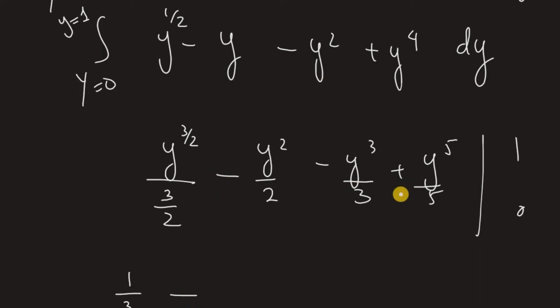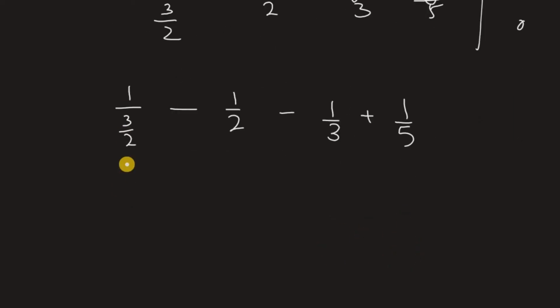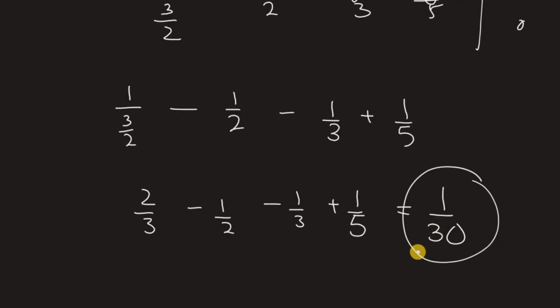Okay, minus, plus, yeah, that's good now. So you have half, negative 1 over 3, plus 1 over 5. If you do the math here, you get 2 over 3, negative a half, negative 1 over 3, plus 1 over 5, and this should give you a final answer of 1 over 30.